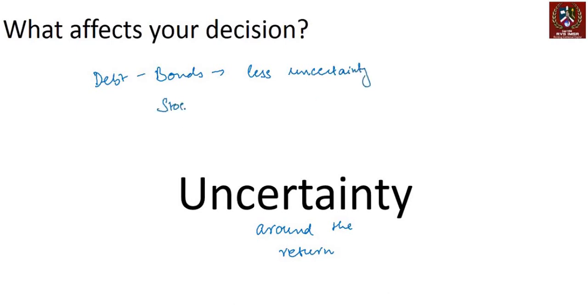But in stocks or equities, there is a high amount of uncertainty because it depends on how the underlying company will perform, right? So as uncertainty increases, your chances of losing money also increase.